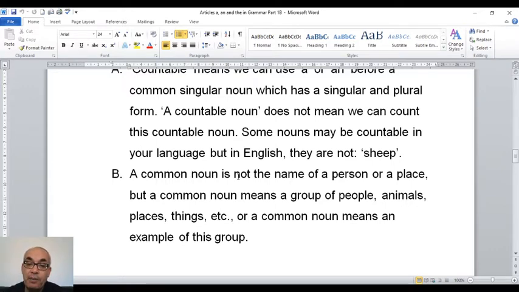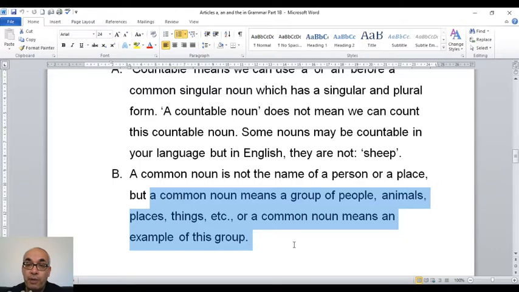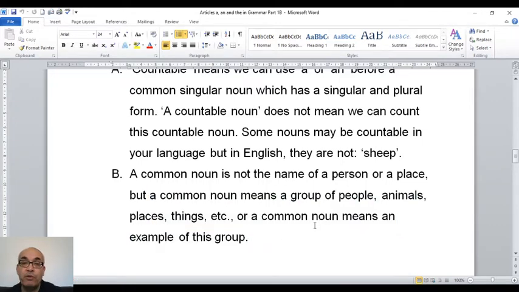A common noun is not the name of a person or a place, but a common noun means a group of people, a group of animals, a group of places, a group of things, or a common noun means an example of any of these groups.